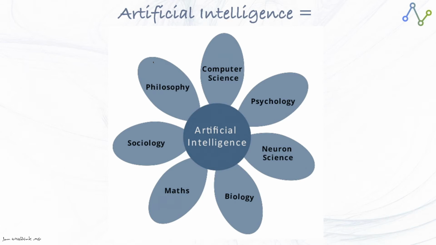What is that artificial intelligence? Because I'm going to talk a little bit about artificial intelligence. That is not only the work we see doing with Python or R. It's a much broader idea of bringing philosophy, psychology, neuroscience, biology, math, and sociology inside your organization.